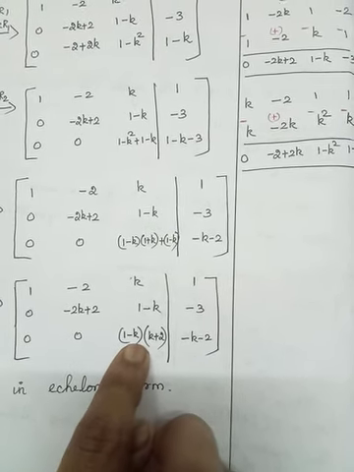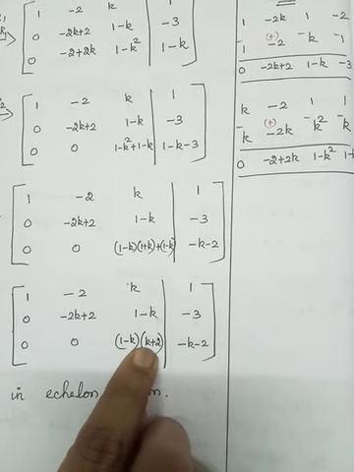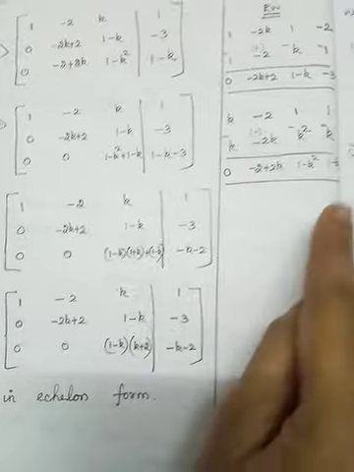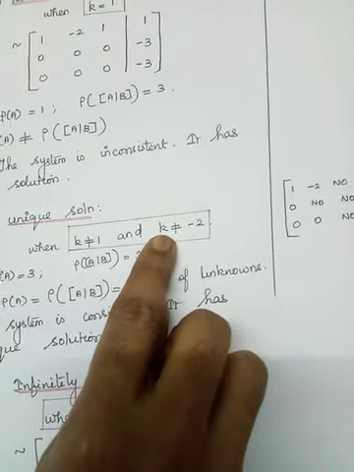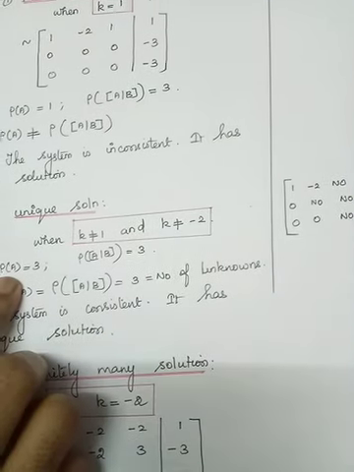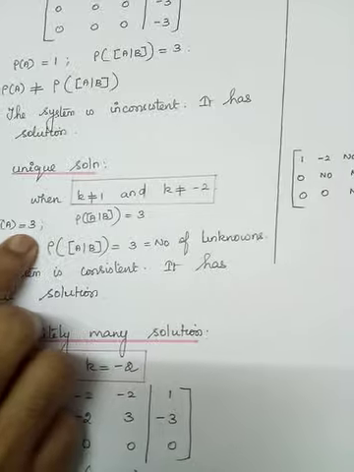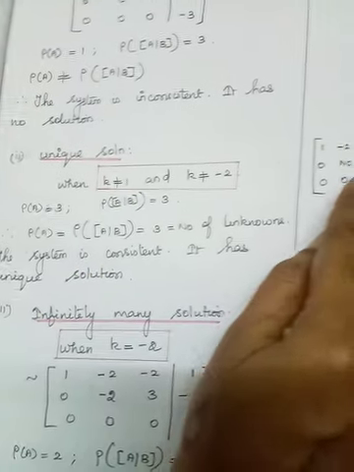So except these two values, k is equal to 1 and k is equal to minus 2, what are the values? So look at this. When k is not equal to 1 and k is not equal to minus 2, what is rank of A? It is equal to 3, and rank of AB is also 3. You see the rough work.